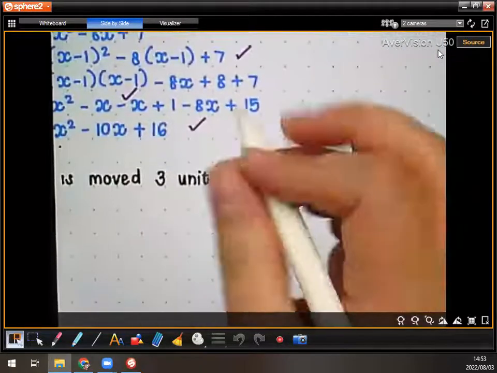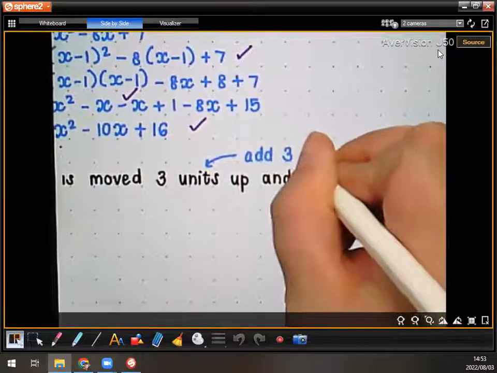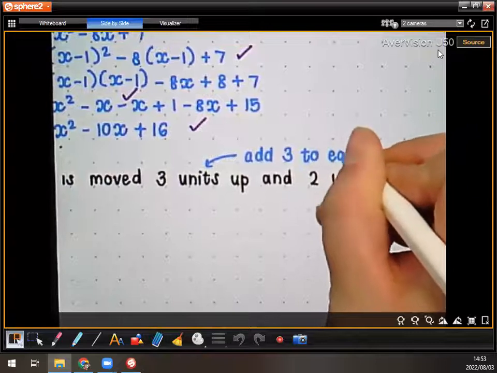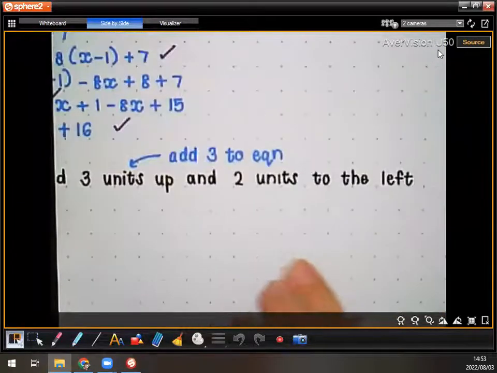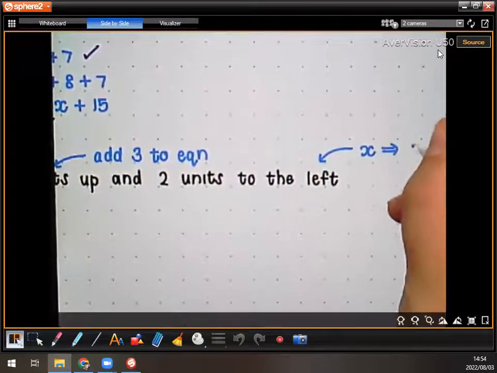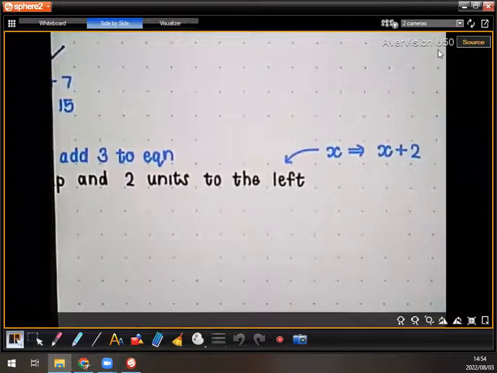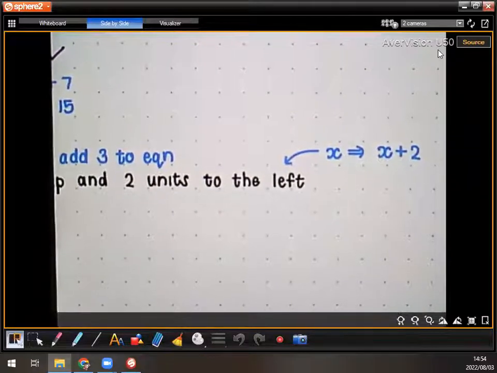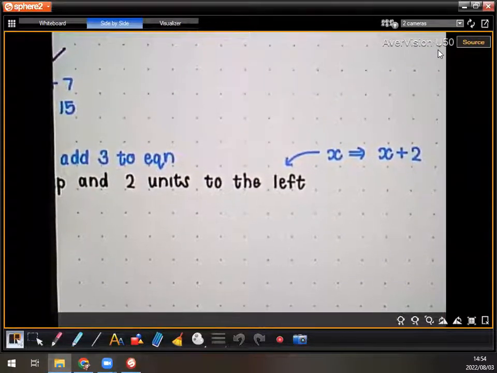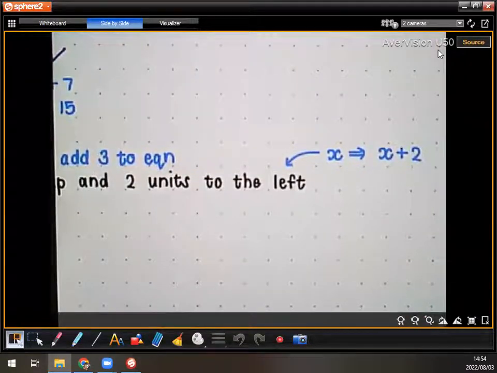The 3 units up means that I'm going to add 3 to the equation. And 2 units to the left means that x is going to become x plus 2. Okay, because the left is negative direction, so we put a plus in that bracket. And we're going to do those two changes at the same time.